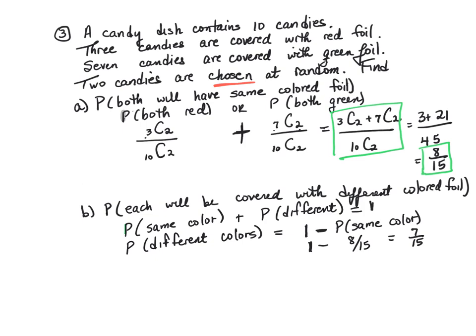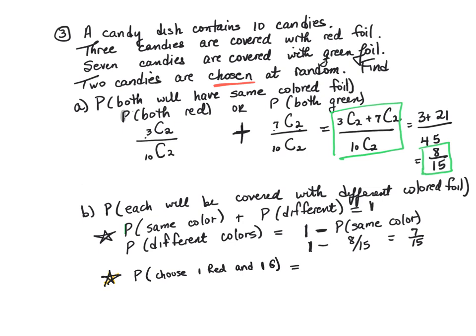Another way to do the problem, okay, this is one way. Another way to do this problem, though, is to consider this. If we want, okay, let me just put a little star here. So if we want the two candies to be chosen at random and they have different foil and order doesn't matter, then we're considering the probability of choosing one red and one green.